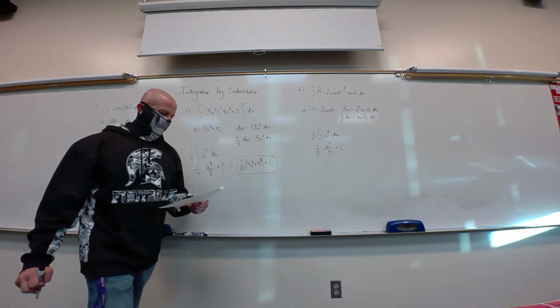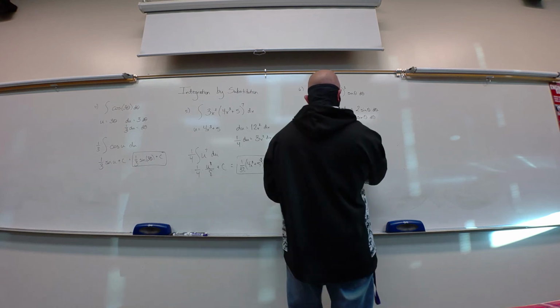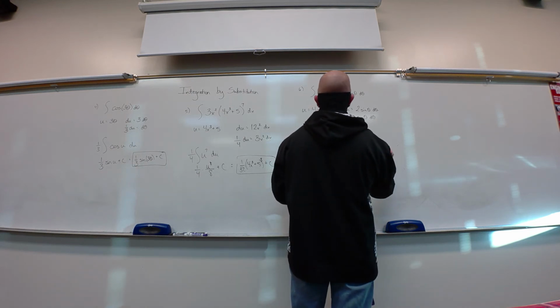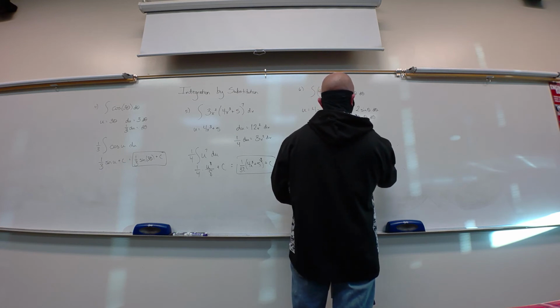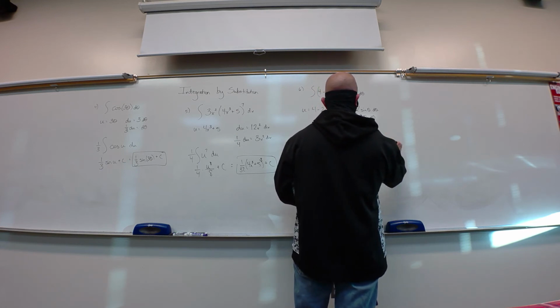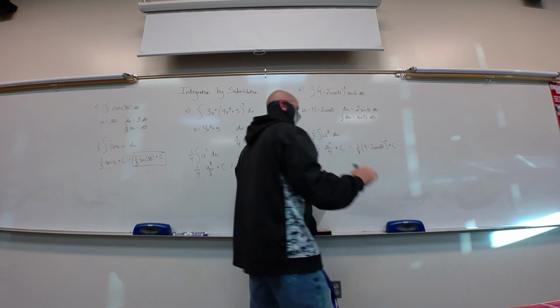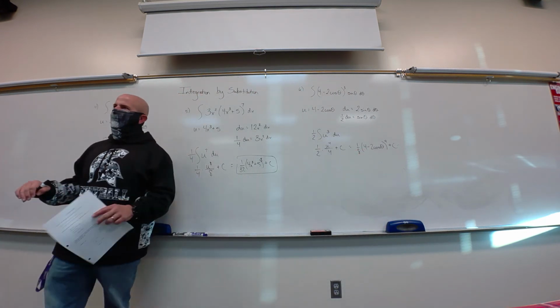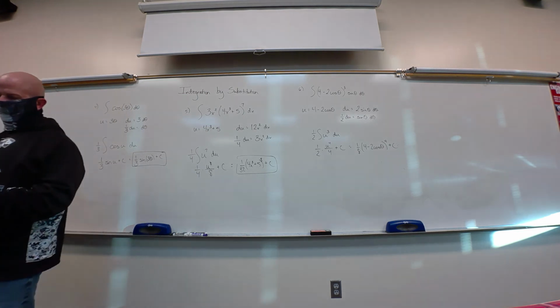That's my integral. And so that would give me 1/8. Where's my u? There we go. 4 minus 2 cosine theta to the 4th plus c. And I don't care if you write it like that with the 1/8 in front, or you put it all to the 4th over 8. That's not going to change anything. Wouldn't matter at all.